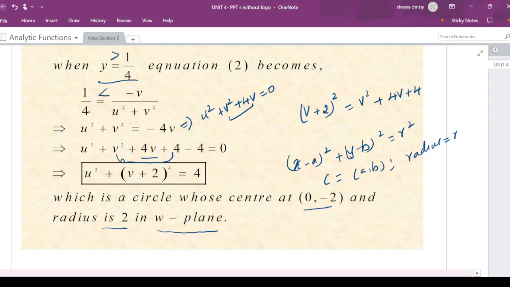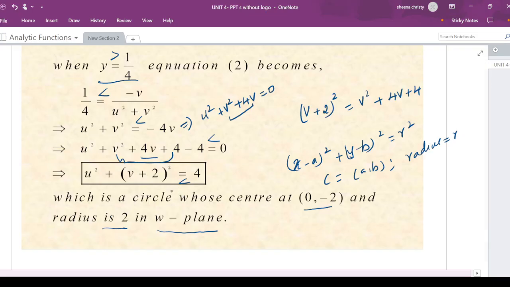So here u square plus v square is less than minus 4v. Now this will become less than 0. Therefore, you are going to take the circle with center (0, minus 2) and radius 2, lying inside that part.